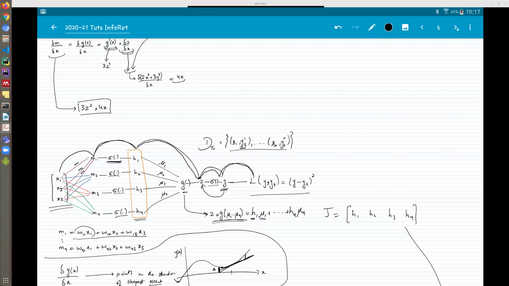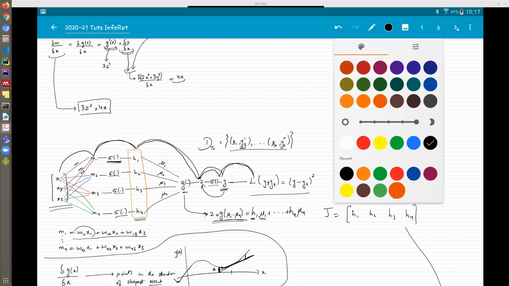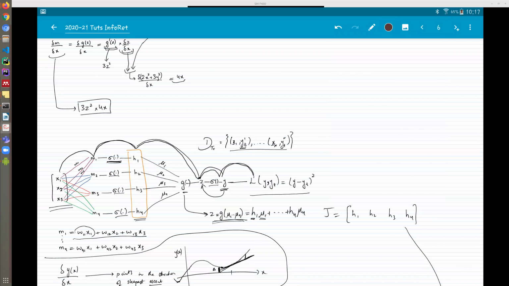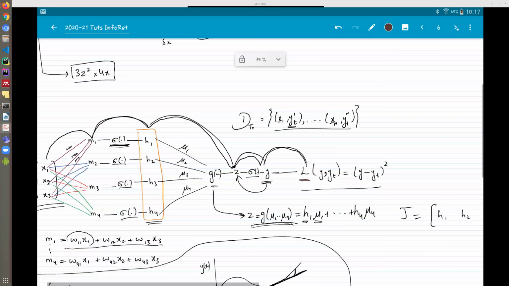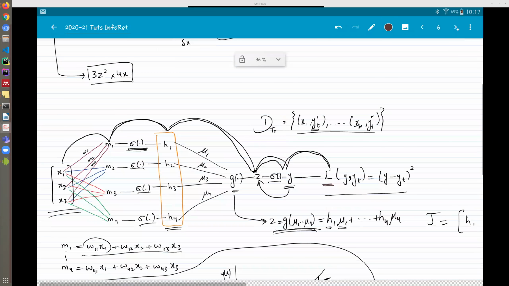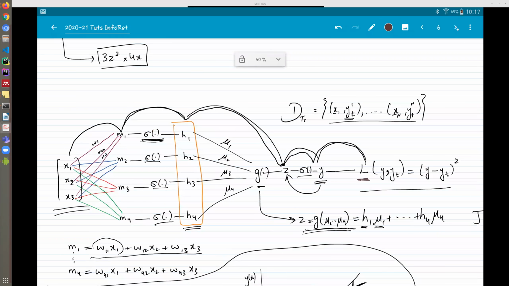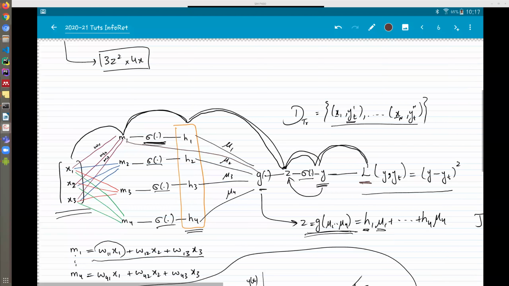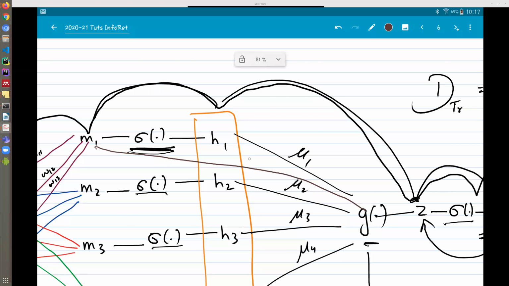In this case we were lucky in a sense that from L to w1 we only had one path. Suppose we had multiple paths, for instance a weight connecting this m1 to g1, let's say mu1 or anything like that.